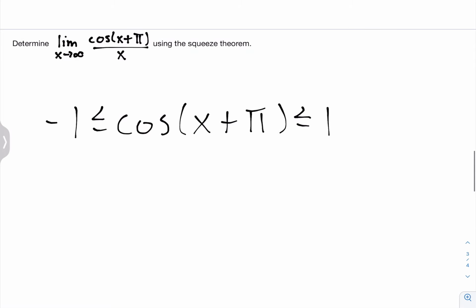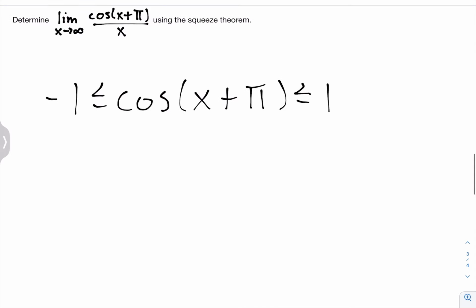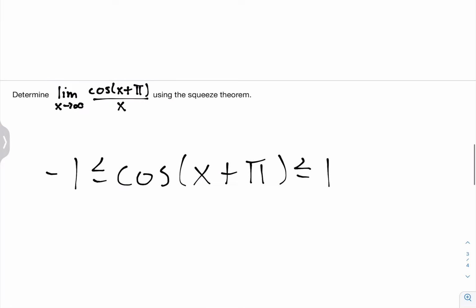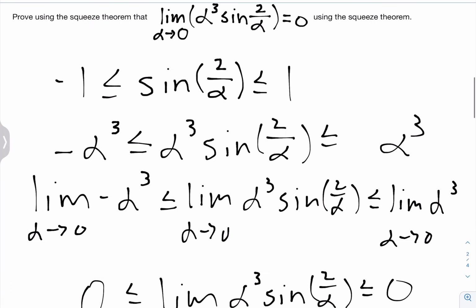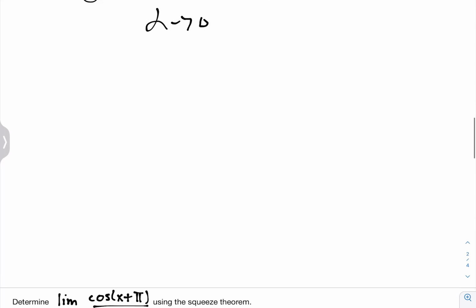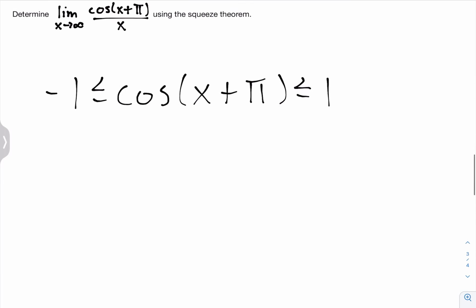We have the cosine of x plus pi, but we want to take the limit, first of all, as x approaches infinity, and we want to add this over x. Okay, so let's look at what we did up here. First we had the sine function, right? And then we added this multiplier in. So let's do that. Let's multiply it by what it really is.